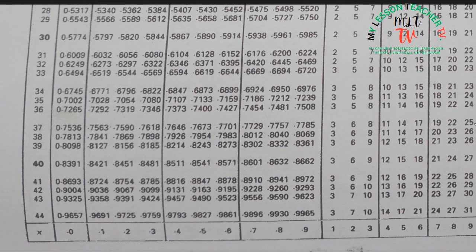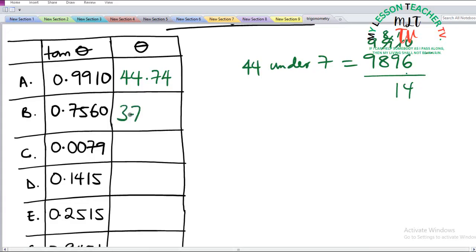But we don't have 24, rather we have 25, which is closer, and we are going to pick it. So our answer is 37 under 0 difference 9, which is 37.09. So it is angle 37.09 whose tangent is 0.7560. You can check that using your calculator.